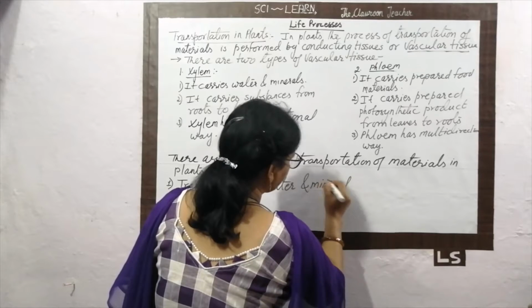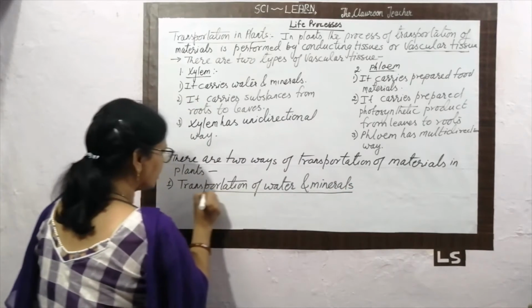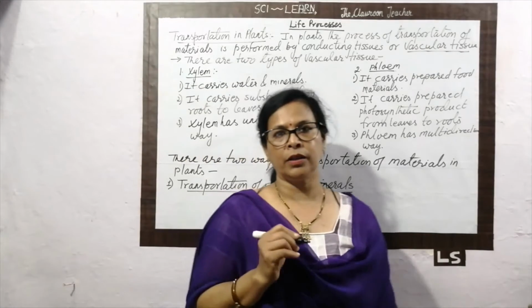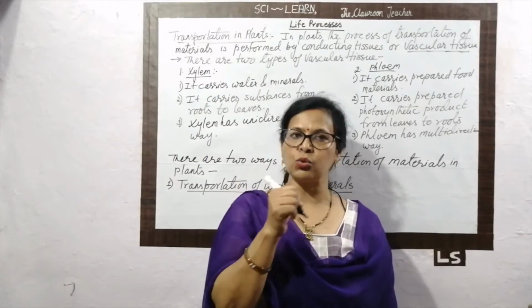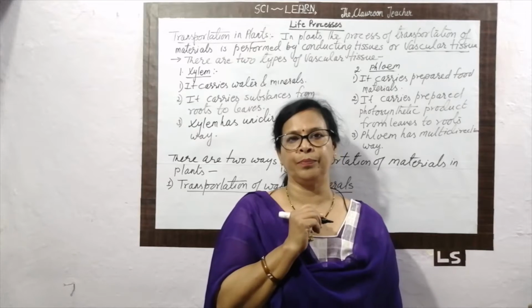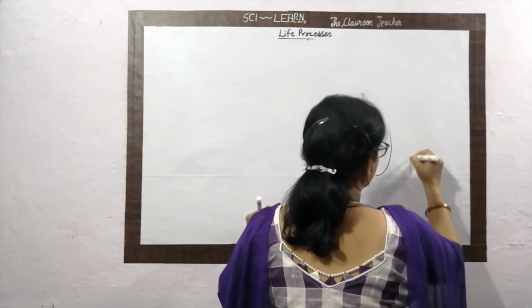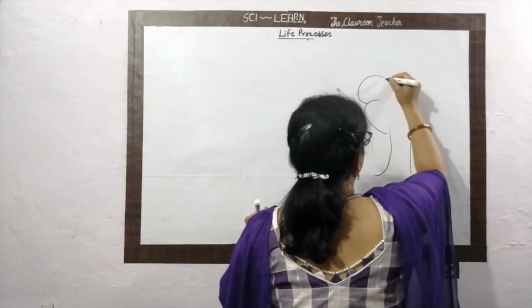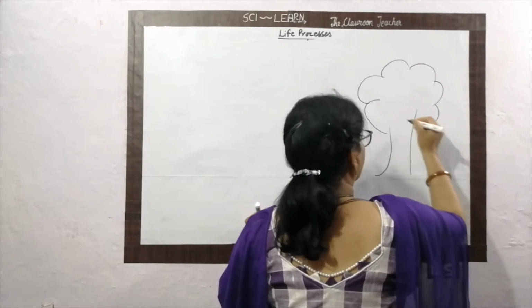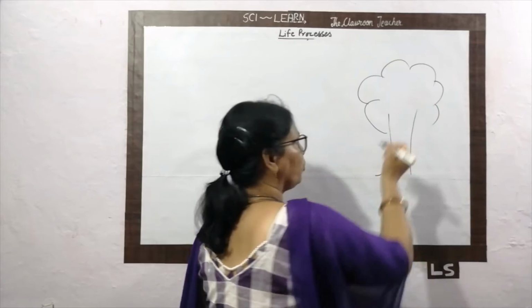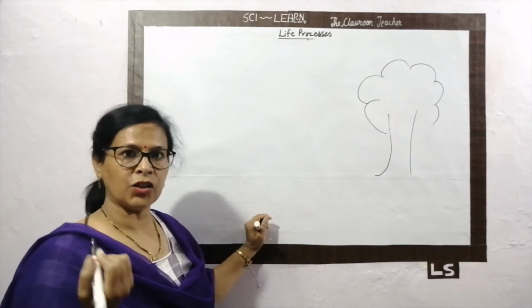Now, where is the water present? It is present in the roots of the plant, in the soil around the root. Let us consider this is the tree. Leaves are there. This is the canopy of the tree containing a large number of leaves.